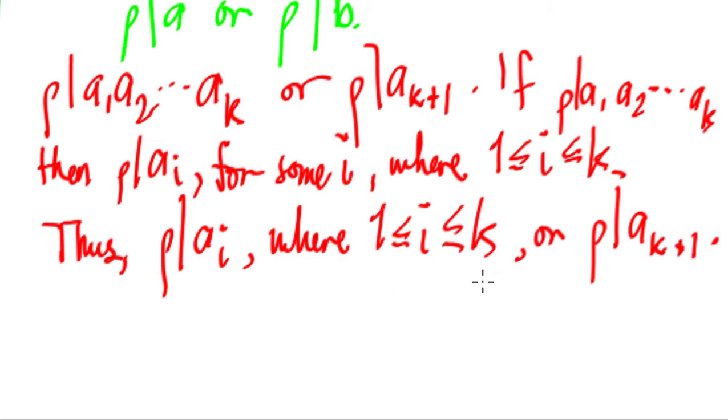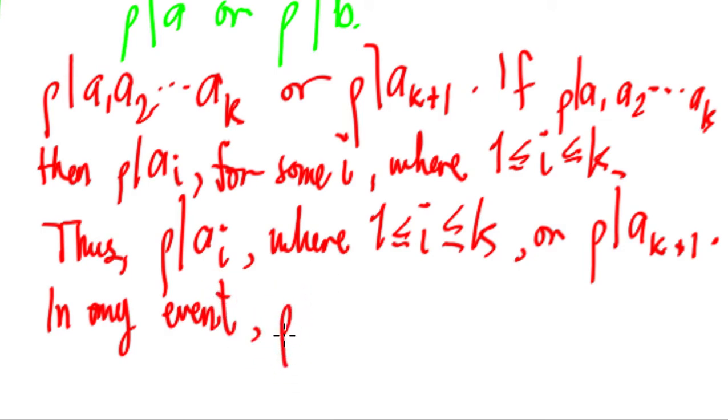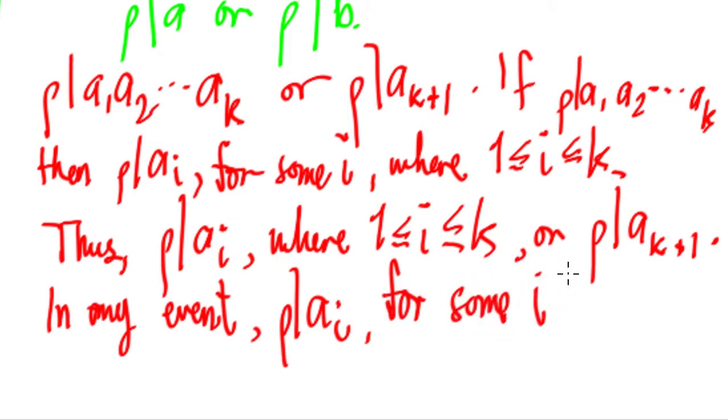So in any event, p divides a sub i for some i, where i is between 1 and k plus 1.